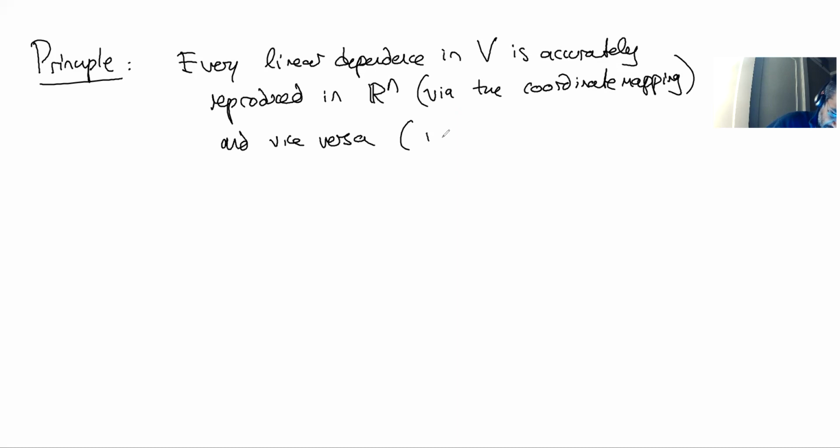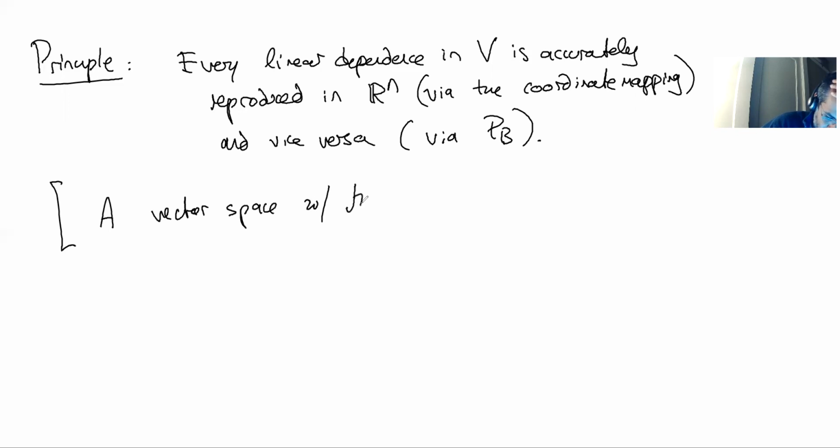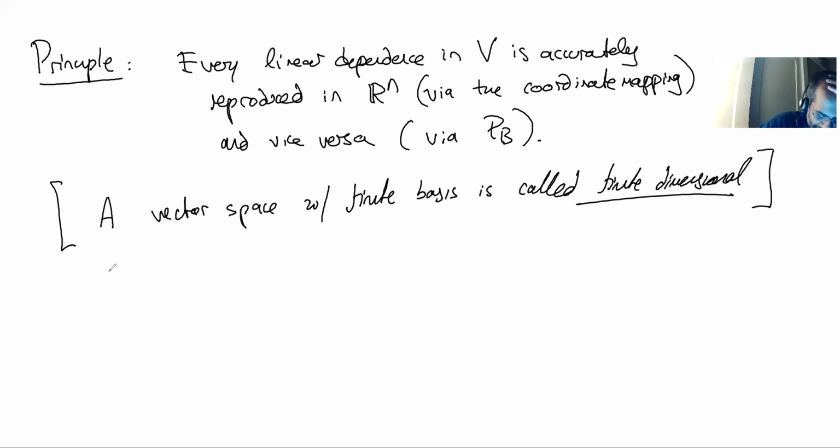So the vice versa is via the PB mapping. Okay, so really any finite dimensional vector space. So I should say, a vector space with a finite basis is called finite dimensional. And what they're saying is that any finite dimensional vector space is isomorphic to Rn. That's a one-line summary.